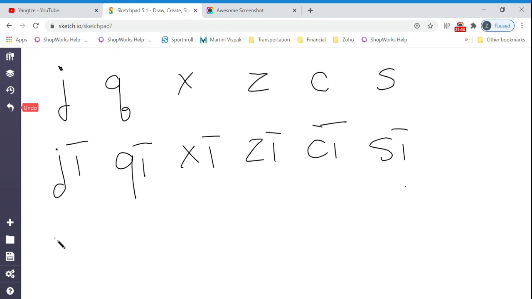Another special rule for the first three initials is that, remember, this final we pronounce usually as u. However, when they have two dots on top of them, they are pronounced as yu. So ju, qu, xu.